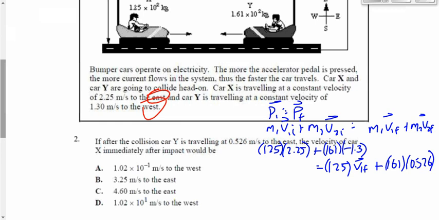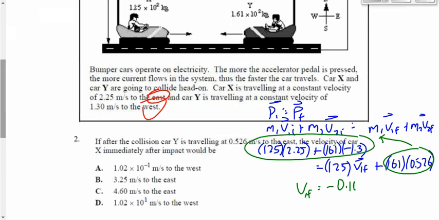So get the number on the left-hand side, get the number right here, and then we take that over by doing what? Subtracting. You multiply 161 by 0.526, take it over by subtracting. And when you do that, you end up getting, for V1F, negative 0.102 meters per second, which is 1.02 times 10 to the negative 1 to the west.